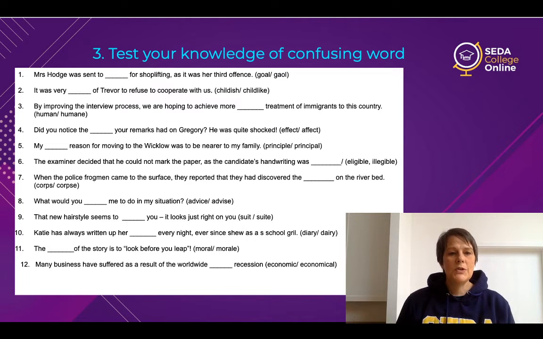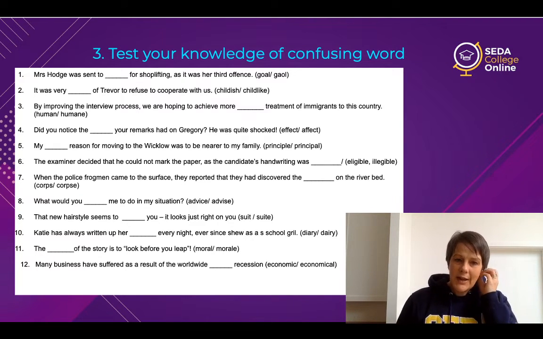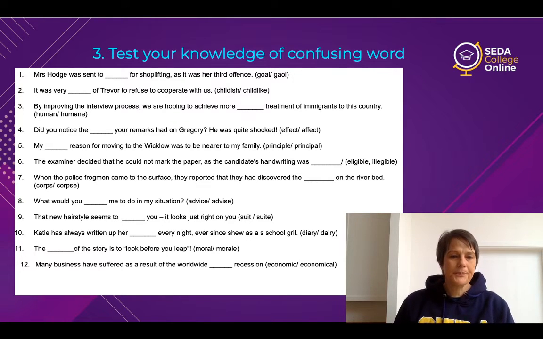And what would you do in my situation? Like what would you tell me to do, which is the correct word there. That new hairstyle seems to, it looks good on you, which is the word. Katie had always written up her which every night since she was a schoolgirl.